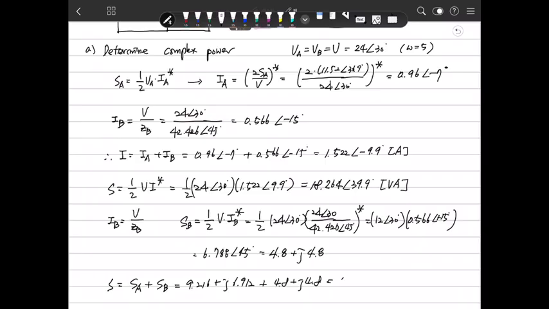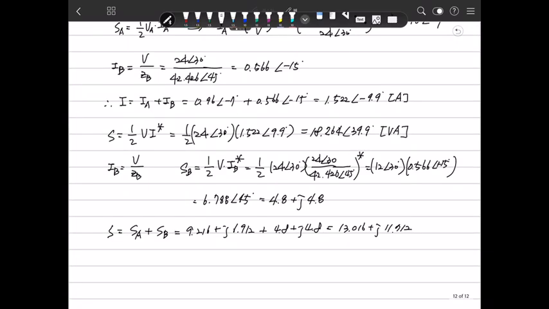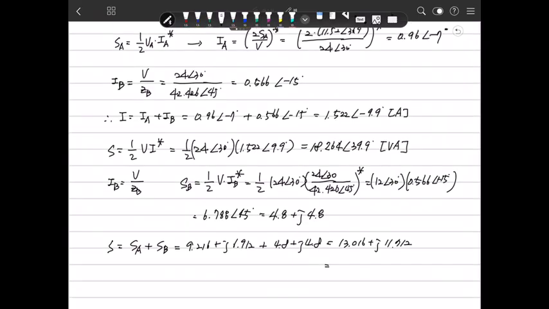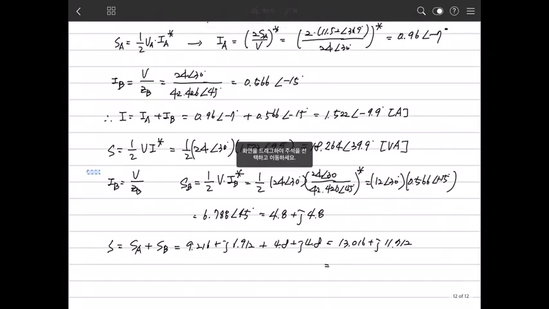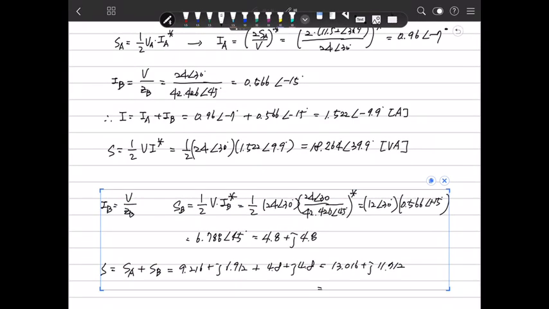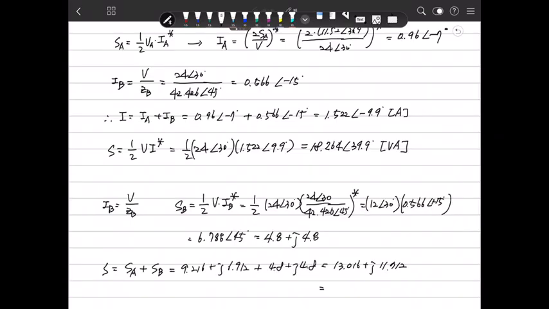That will be 13.016 plus j11.712. So the result is very simple. You remember that we already discussed about here. I think this is more simple.